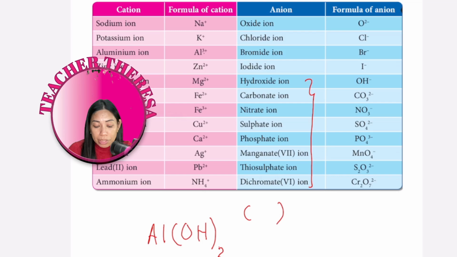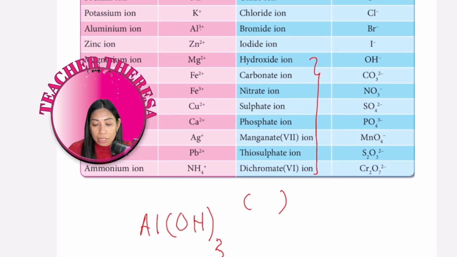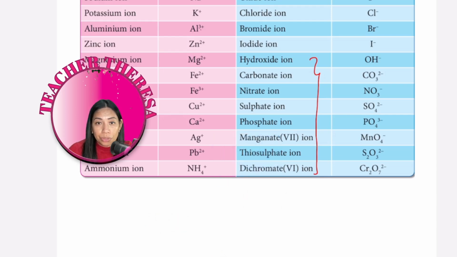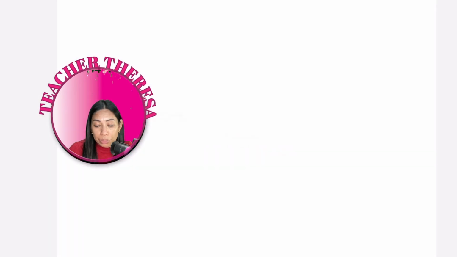So 3, because aluminium is 3. You have to know which ions are polyatomic and which ions are non-polyatomic. When you know those, then you will know whether to put a bracket or not. The bracket, you only put when the subscript is more than 2.